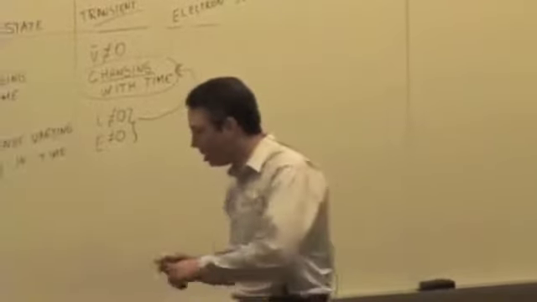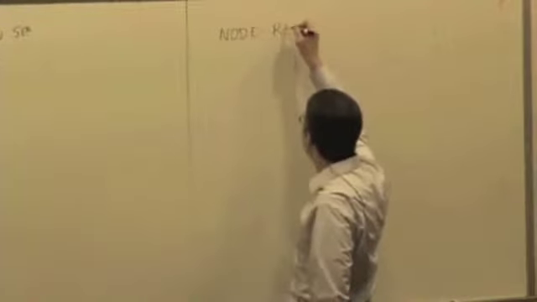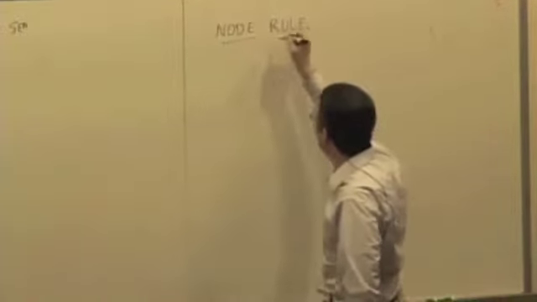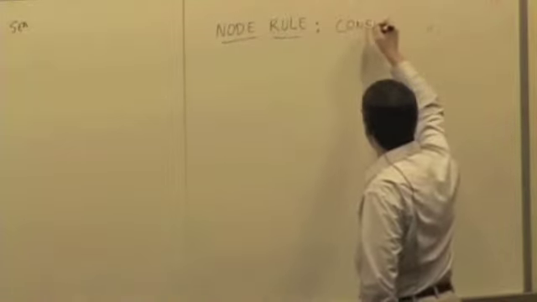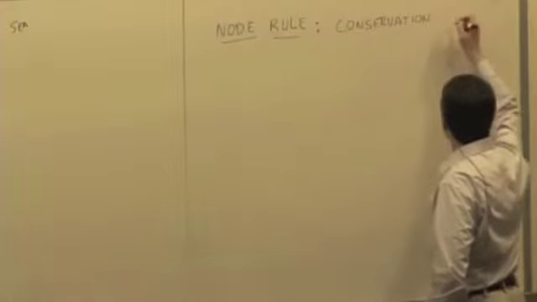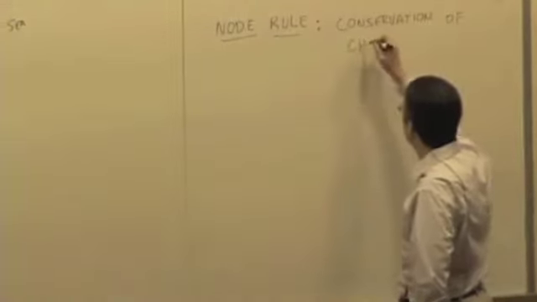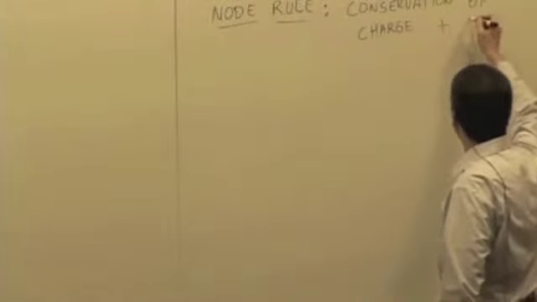And this is something called the node rule. But it's really just an expression of conservation of charge plus the fact that we're in a steady state.